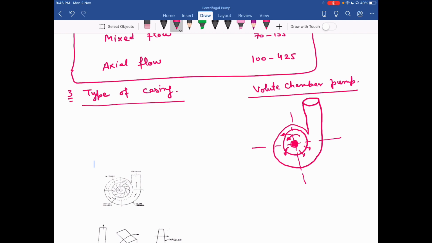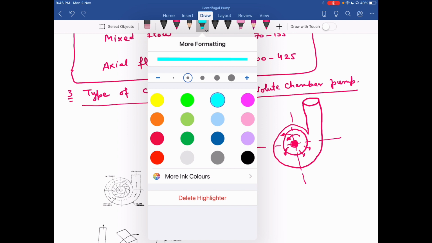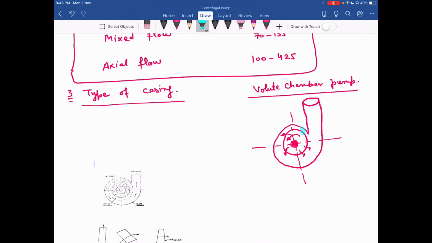In the direction of rotation of the impeller, the cross section of casing gradually increases. You can see this cross-sectional area gradually increases towards the delivery side. So this is the volute chamber, spiral chamber, not the vortex one.